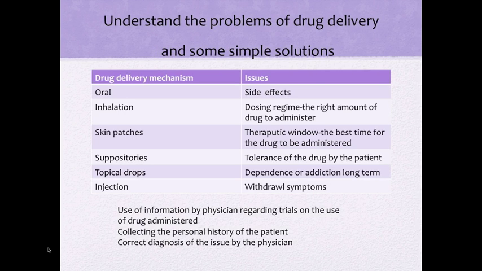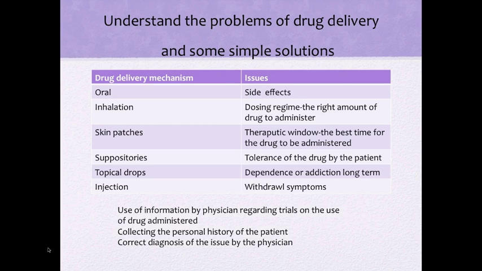Understand the problems of drug delivery and some simple solutions. Drug delivery means how a pharmaceutical is provided to a patient, whether it be a human or other mammal.